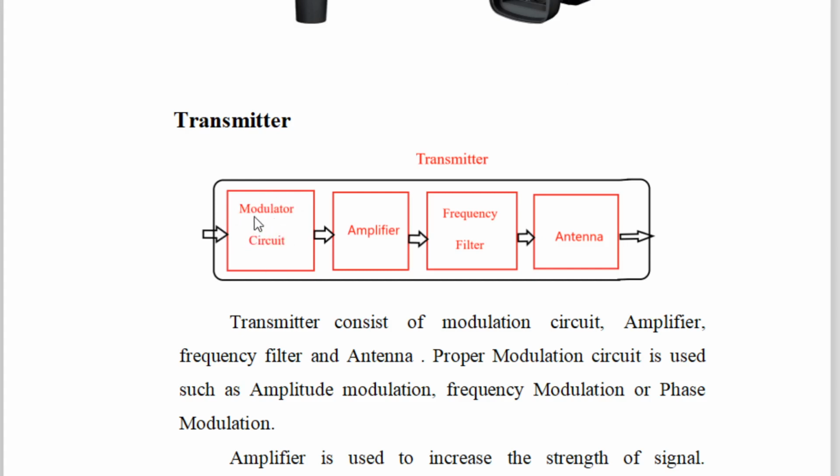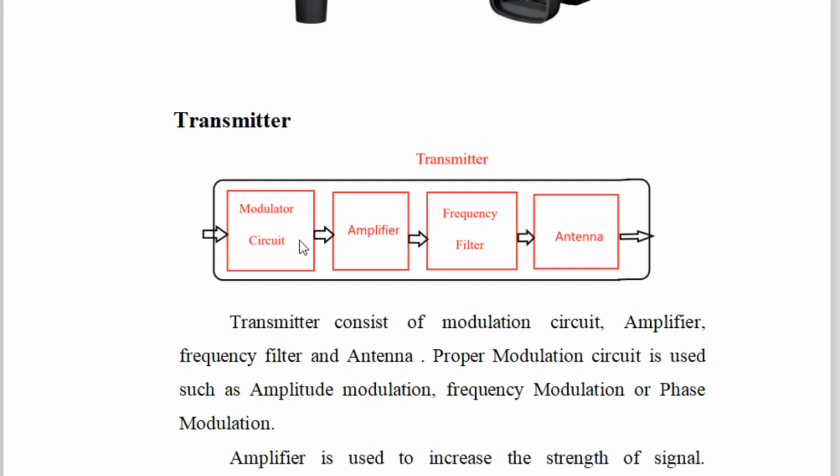So first of all, that electrical signal is taken in the transmitter and it is modulated. So modulation is required if and only if the signal is to be transmitted over a long distance, say 100 kilometer or more than 100 kilometer. And otherwise, modulation is not required. You can go for a baseband communication.